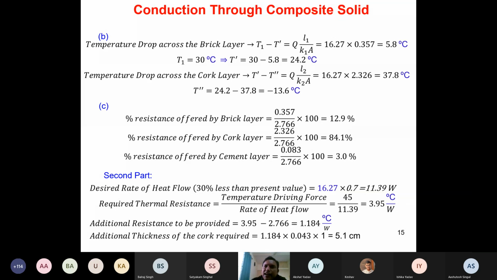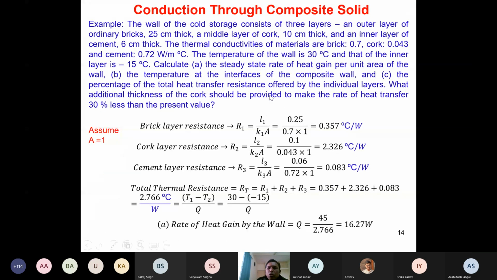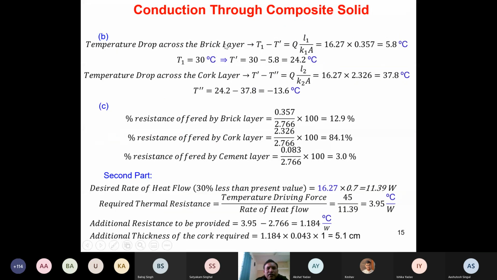Now, the second part of the question was to find the temperature at the interfaces of the composite wall. That means we have to find T dash and T double dash. Let's look at the temperature drop across the brick layer. It is T1 minus T dash, where T dash is the interface between the brick layer and the cork layer. That is given as Q into L1 divided by K1A.